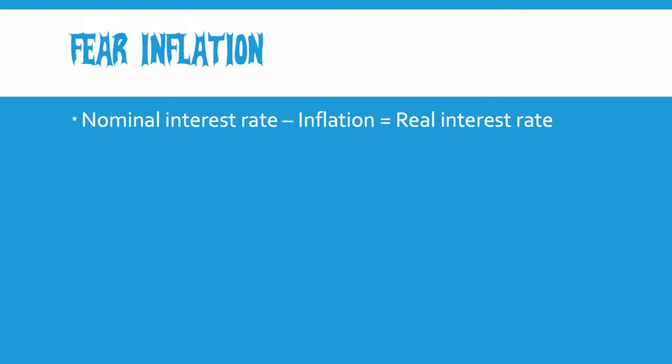So let's say you are saving money and you are promised an interest rate of 5%. So you're thinking, if I save $1,000, I'm going to get $50 in return. But inflation is 1%. That means prices are going up by 1% per year.